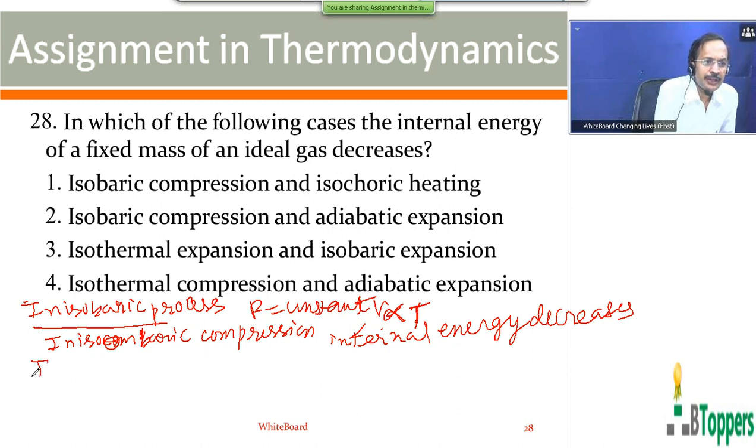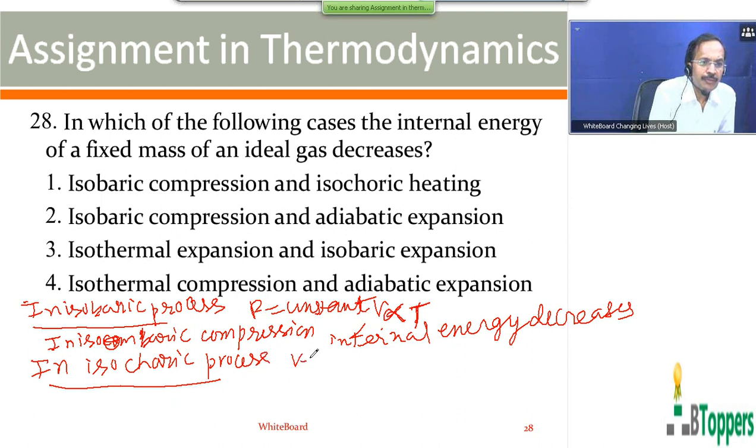In isochoric heating, isochoric means volume is constant. Heating means temperature increases at constant volume. Therefore, internal energy also increases. So in isochoric heating, temperature increases and internal energy also increases.